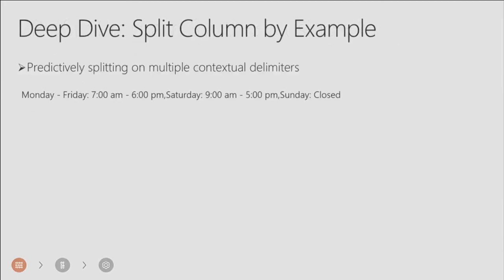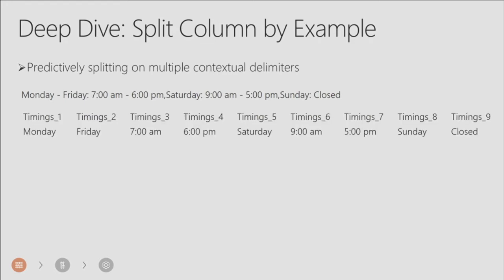So let's take an example. Let's say that you had this really interesting string, which is the store open and close hours coming to you from some web page on the internet, and you needed to make features out of it. If you send it through the splitter, it splits it very interestingly, because it is smart enough to understand that the hyphen between Monday and Friday is important. The semicolon after Friday is actually a delimiter, so you really don't want to put the next two things together.